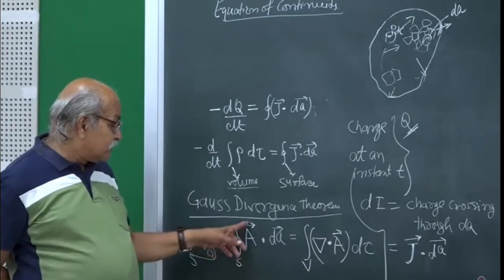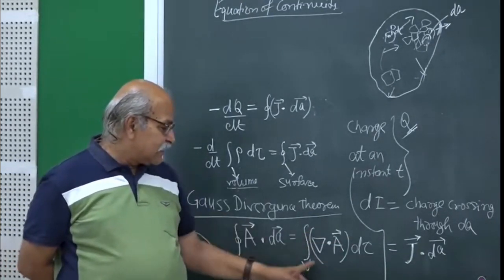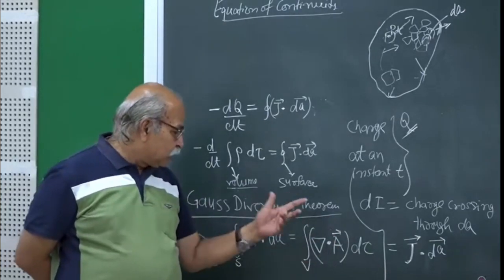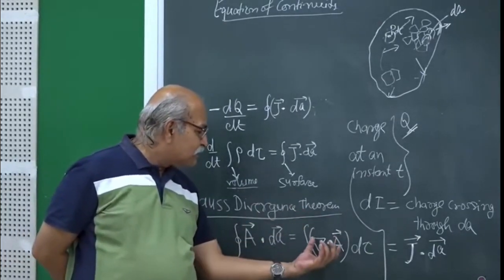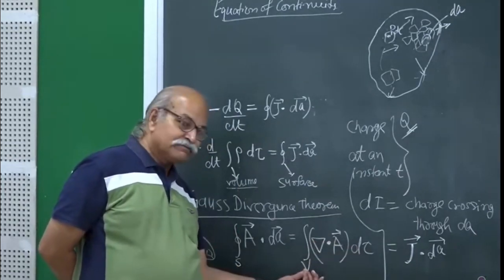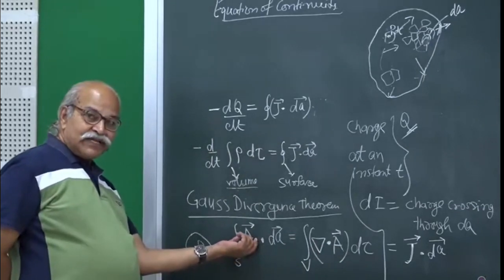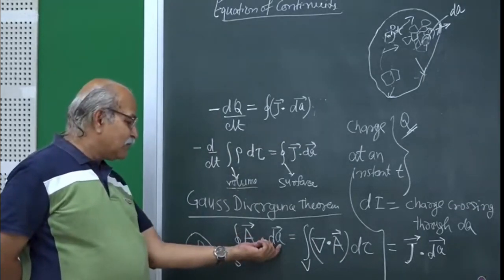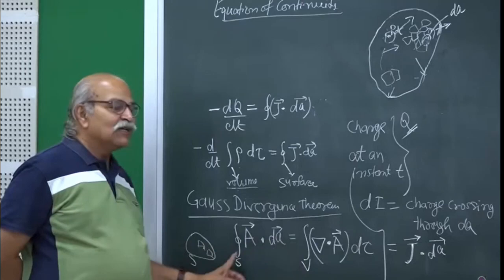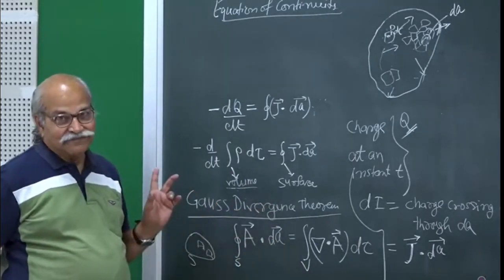Here you have vector A itself, and this is divergence A, which is a scalar. So, if you take this divergence of A and integrate over the volume, and you take A itself and integrate over the surface of that volume, then these two are equal. This is known as Gauss divergence theorem.